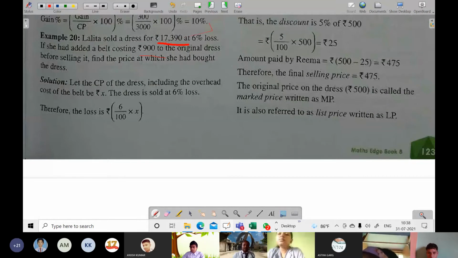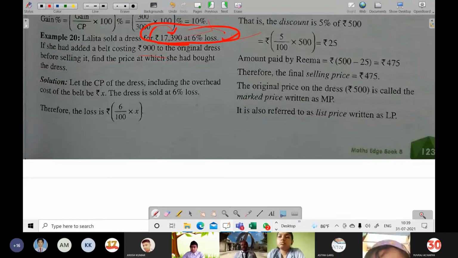So of course at first you will be subtracting 900 from here, or what we can do, at first we will find CP. Loss we are getting. So CP is equal to what?